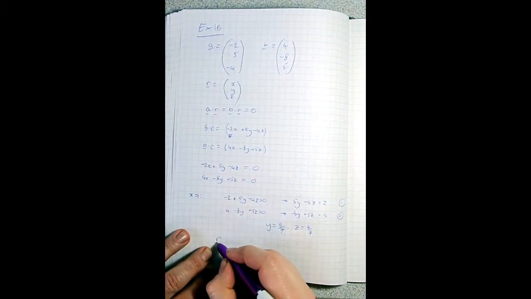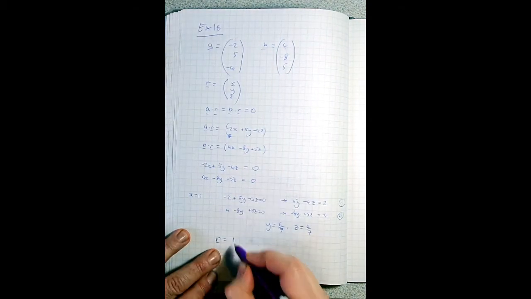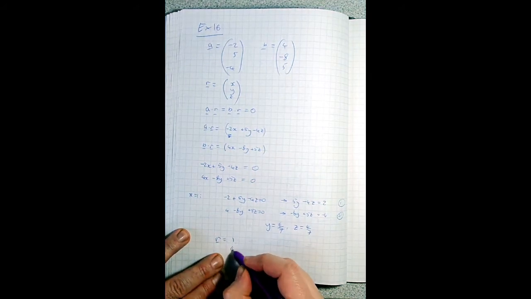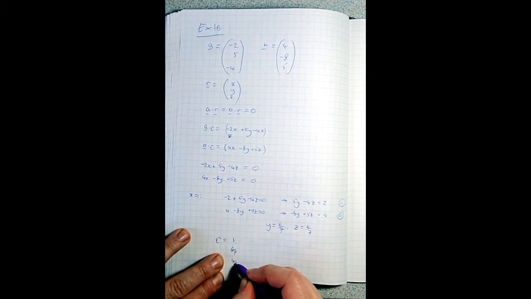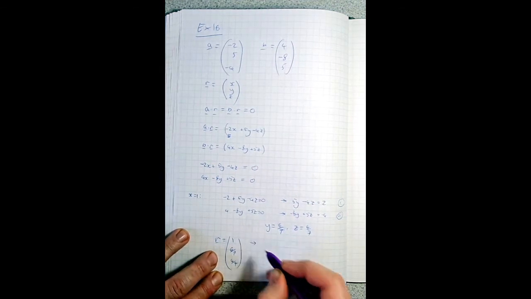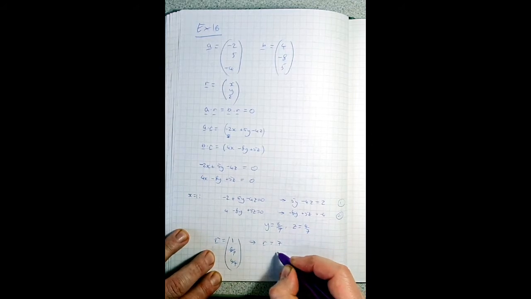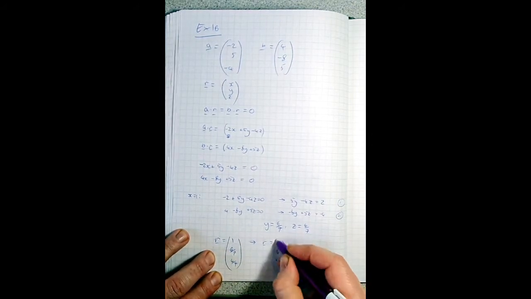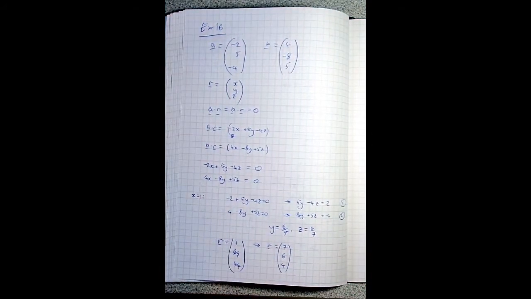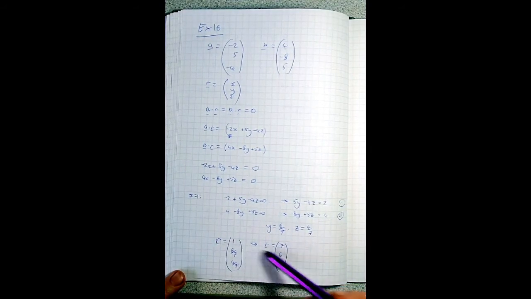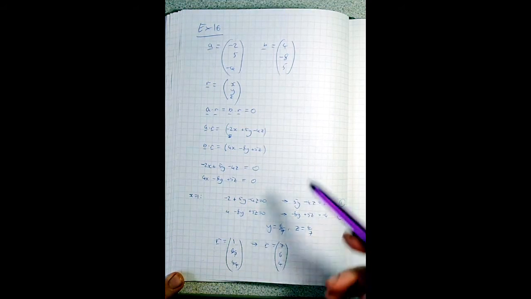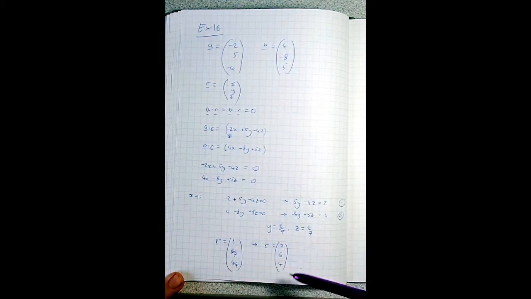So r is 1, 6/7, 4/7. You might like to multiply through by 7 just to have whole numbers. Doesn't matter if you don't. So there's lots of possible vectors that will be perpendicular to A and B. They'd all be multiples of the same thing.